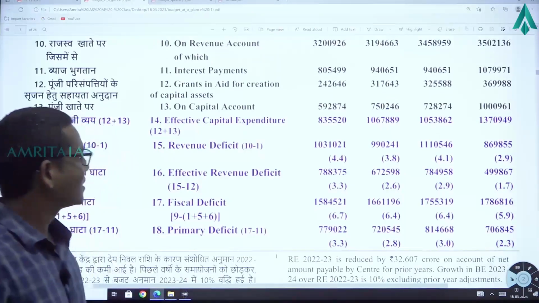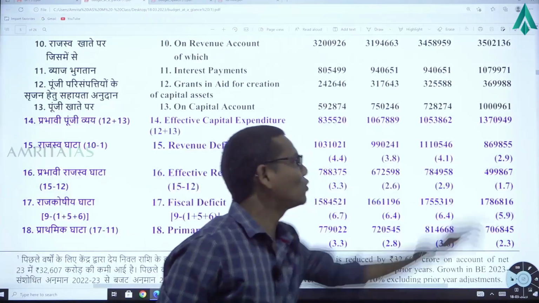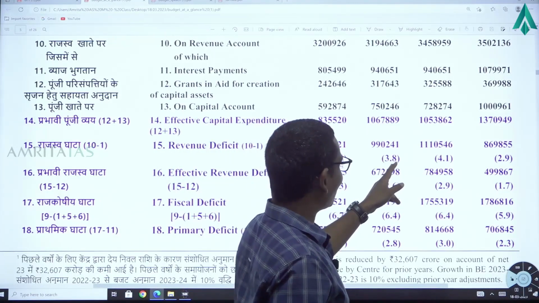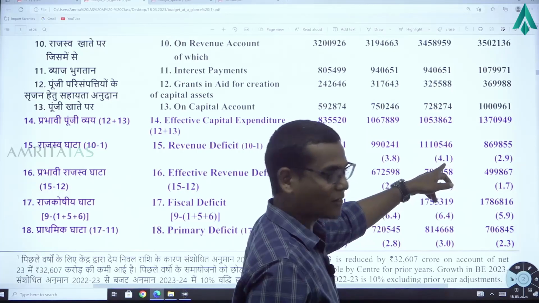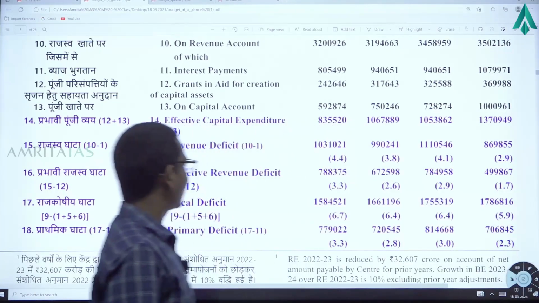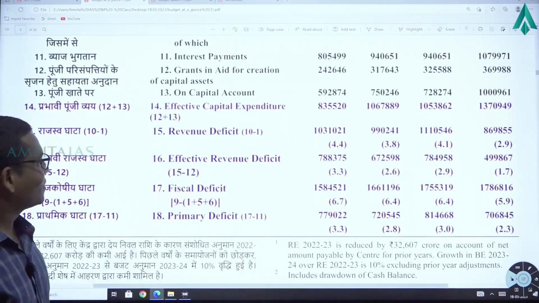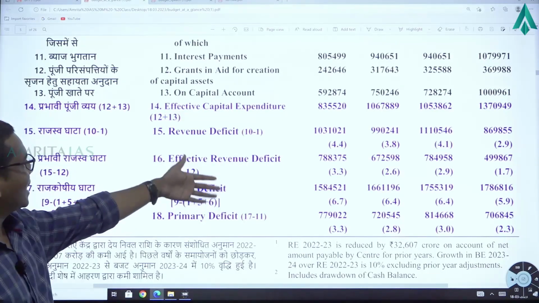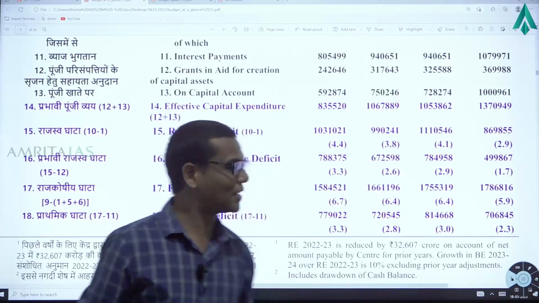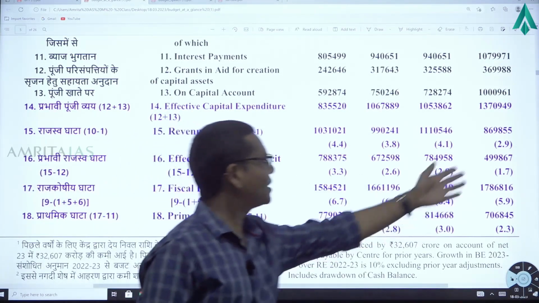Revenue deficit, no need of numbers, 2.9%. 4.4, 3.8, we expected 3.8, I think we will end up with 4.1. But anyhow, even though it is a decline, 4.4, 4.1, 2.9. What is effective revenue deficit? You can understand effective revenue deficit means from the revenue deficit, you have to deduct this capital. 3.3, 2.6, 1.7, good.